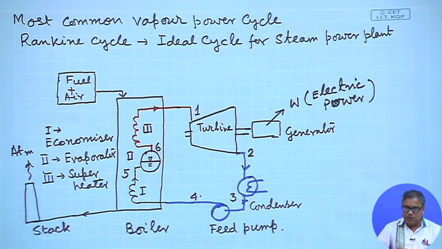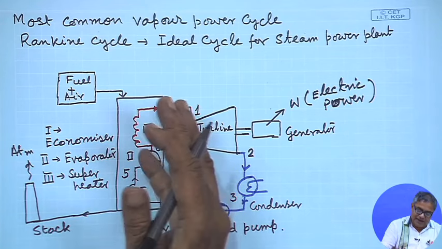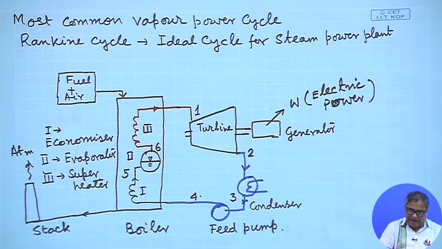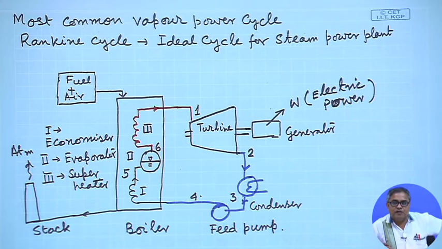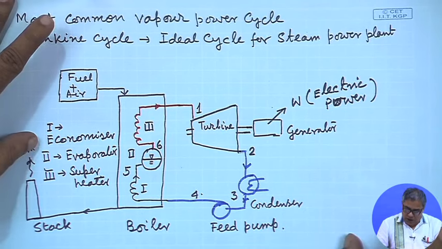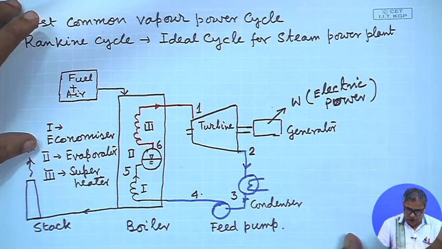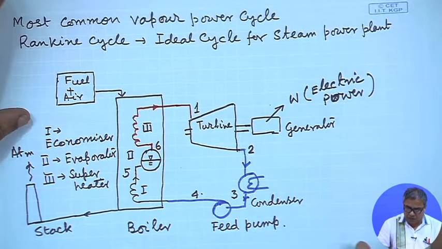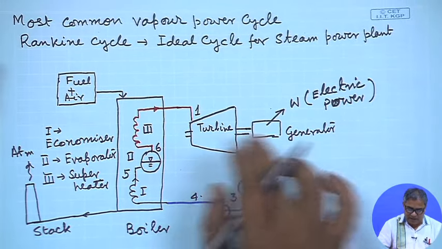Now the working fluid is in the vapor state, and then its temperature is further increased so that it goes into the superheated region, and that is your condition 1. At that condition it goes to the turbine. So, this is the physical change of state of the working fluid, and this cycle will continue.